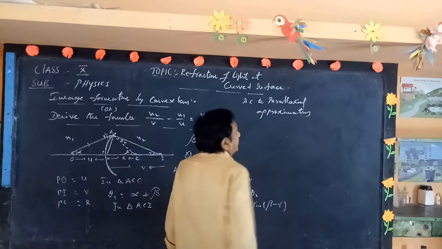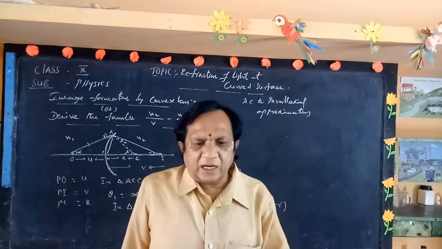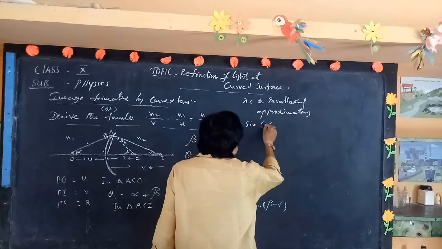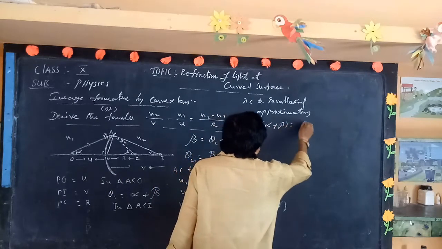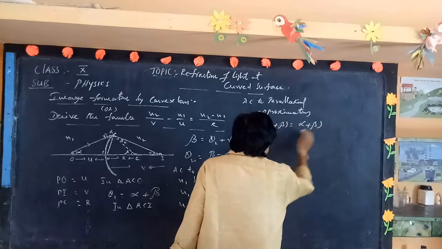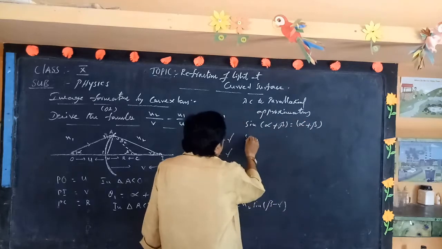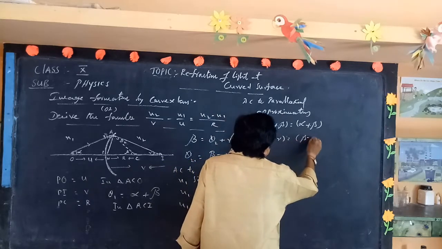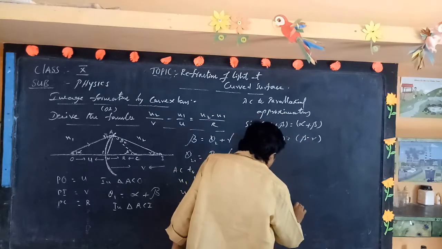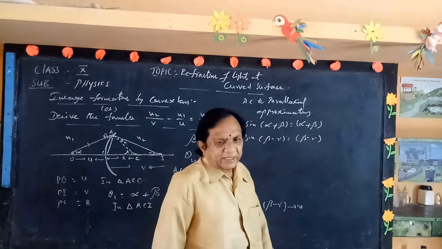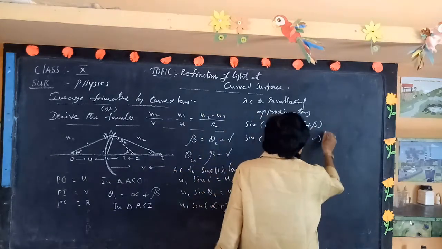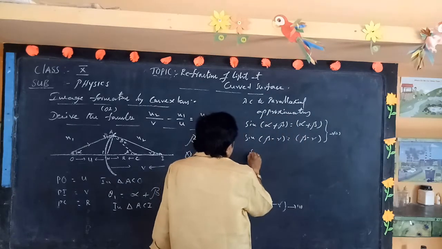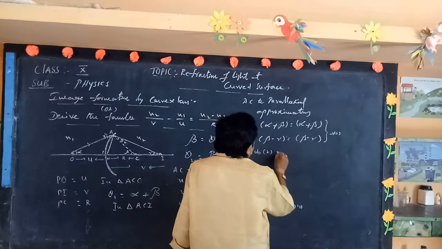According to the paraxial approximation, alpha, beta, gamma become small. That means there is no need to consider the sine values. Sine of alpha plus beta is taken as only alpha plus beta, and sine of beta minus gamma is taken as only beta minus gamma. So this is equation number 1, and this value is equation number 2. Now substitute 2 in 1.